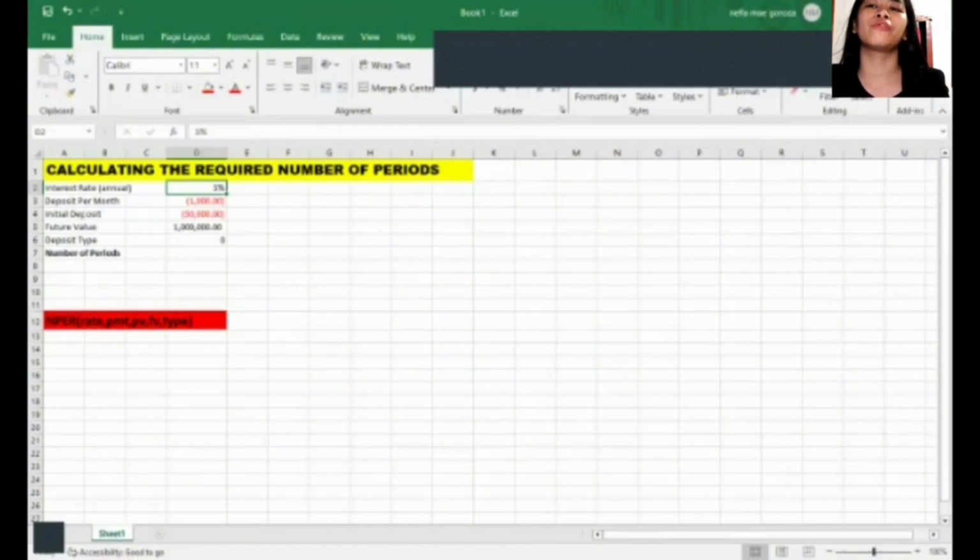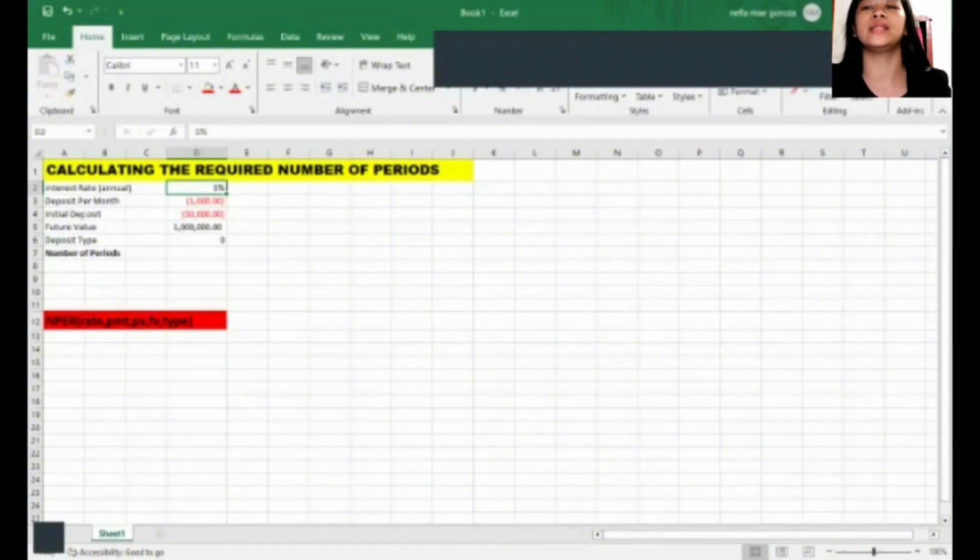So the NPER function calculates the number of periods required to reach a future value based on a fixed interest rate, periodic rates, and an initial investment. So the formula is rate, multiplied by deposit per month, times present value, which is the initial investment, the future value or the investment goal, and the type of deposit.